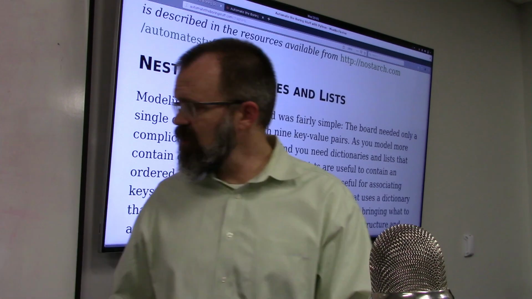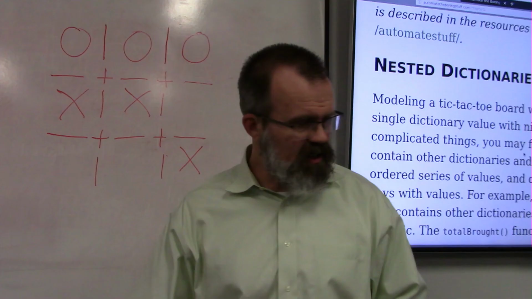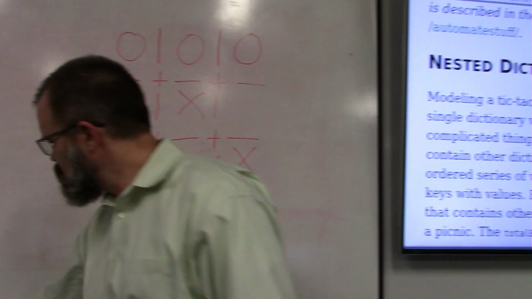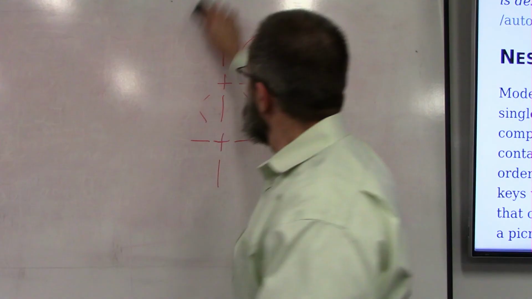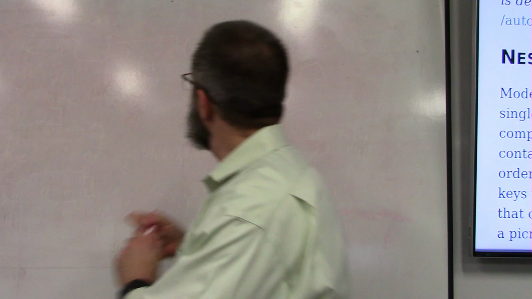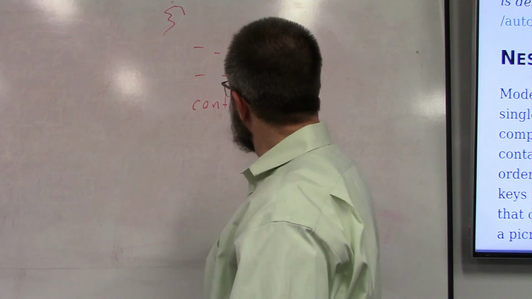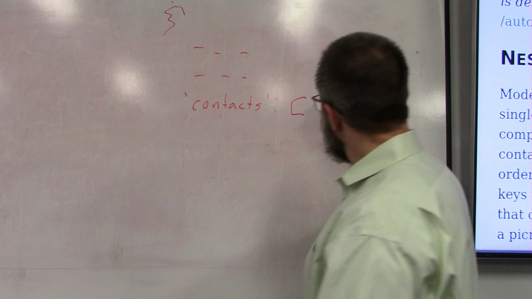And so in something that would look like that, somewhere inside the dictionary, what did I do? There it is. So here's the dictionary, and it's got all these items in there, and then you would have something like contact, and it would contain a list of values.